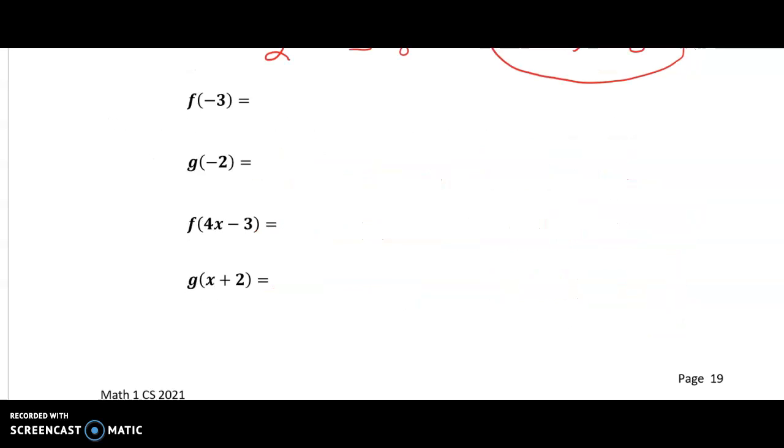Now we're going to finish up here with this next one, f of 4x minus 3. We see that the input value is an algebraic expression, but that should not change the way you evaluate functions.